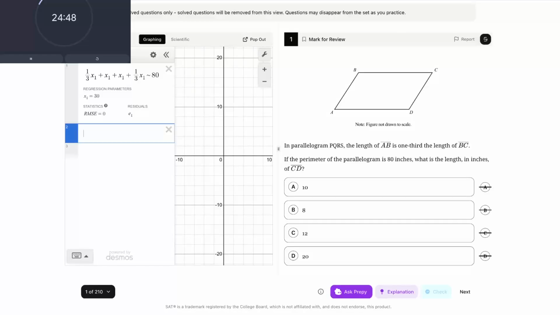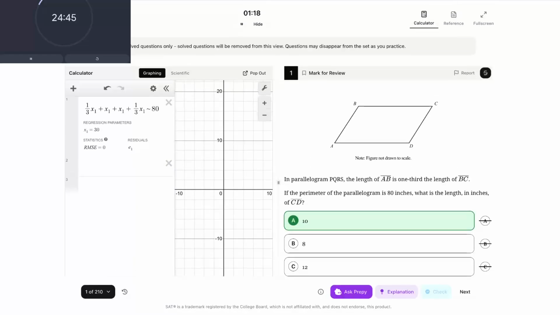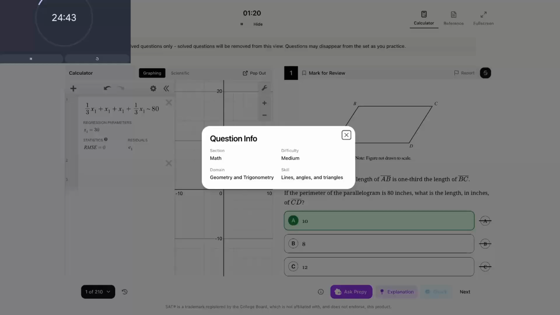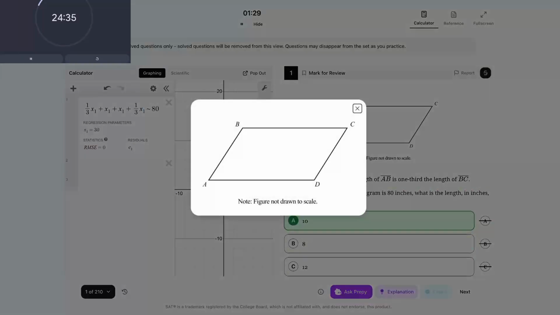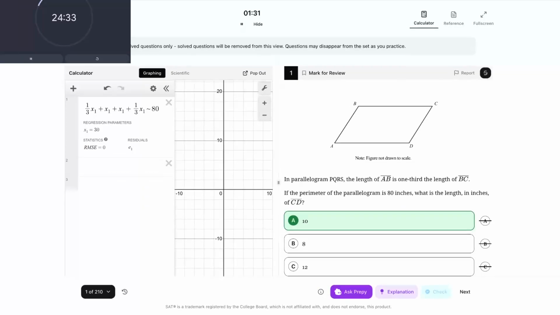So 1/3 of 30 is 10. Let's see if that's correct. Yeah, pretty simple stuff. Should have solved it faster, but as you can see, it's just the perimeter, which is equal to this. Regression is basically an algebraic calculator. It's literally plugging in x for you and figuring it out for you.